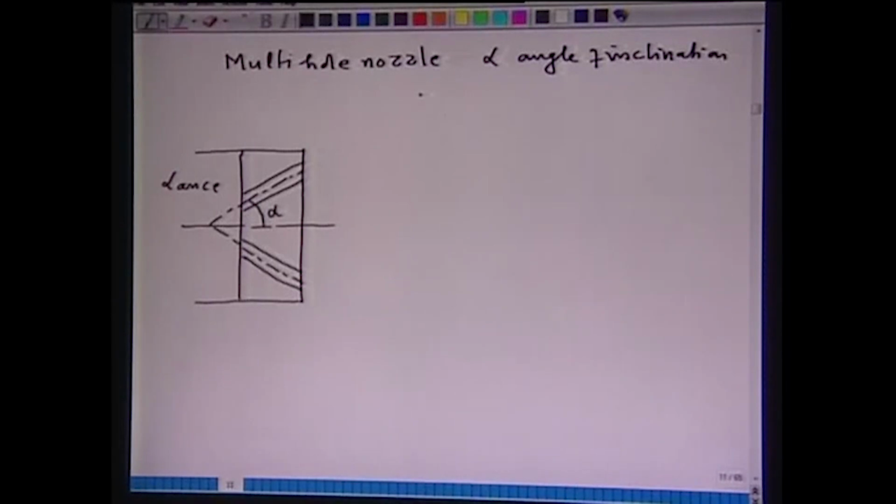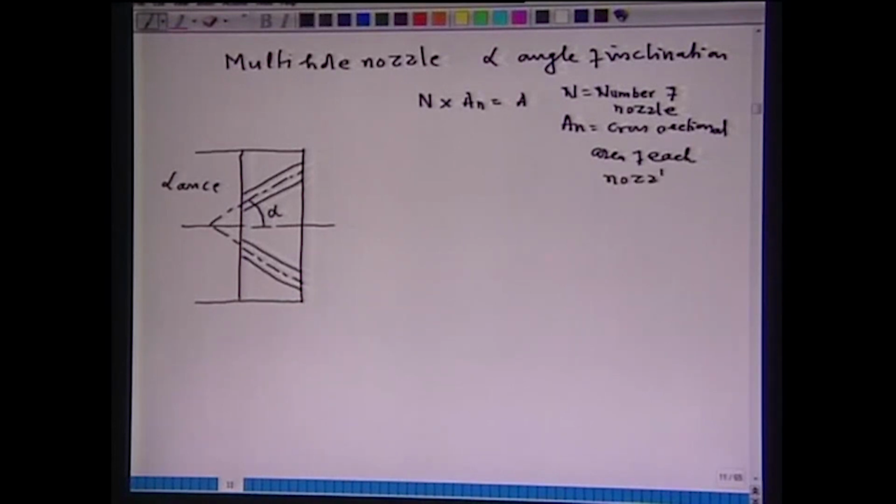So, multi-hole nozzles divide the flow rate such that n times A_n is equal to A, where n is the number of nozzles, A_n is the cross sectional area of each nozzle, and A is the area of a corresponding single nozzle.